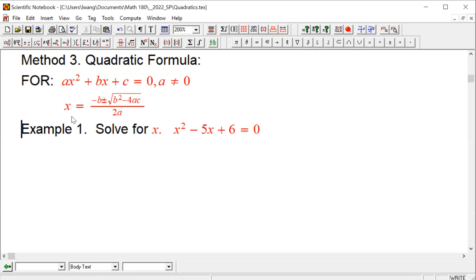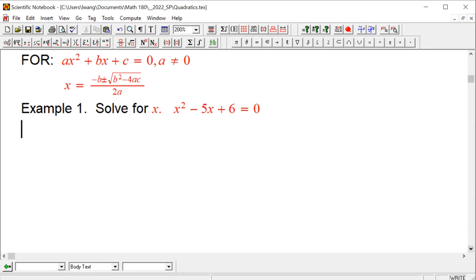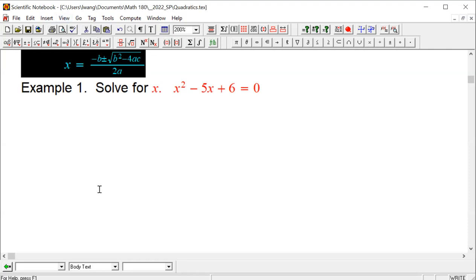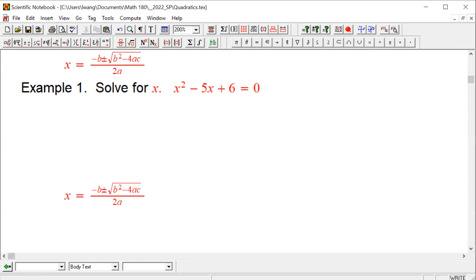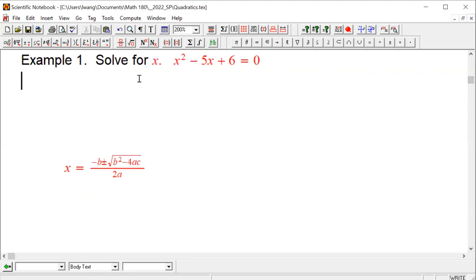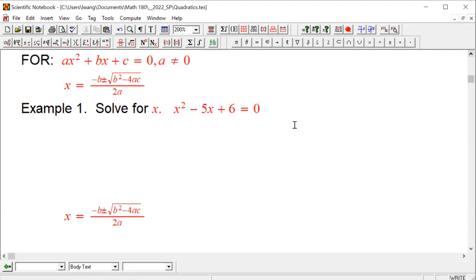So it's totally up to you, especially since we have so many choices. So let's look at this case. If you choose to use the quadratic formula, I'm going to bring this formula right down here. Suppose we apply this formula to this equation. The first thing you need to make sure is that you have a 0 on one side.